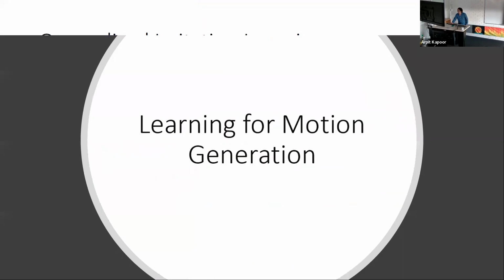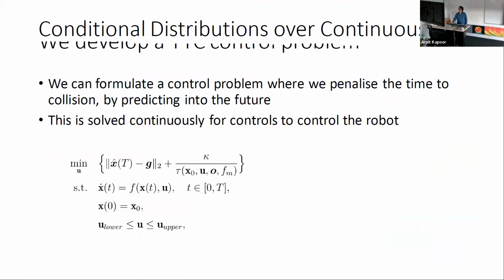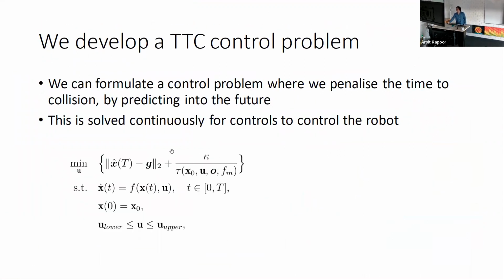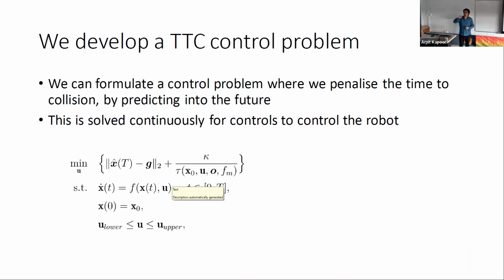Good question. The magic is in this time to collision factor. Basically, in the control cost, we would make a prediction ahead and estimate when it's expected to collide. And then that forms a penalty term in the control cost.